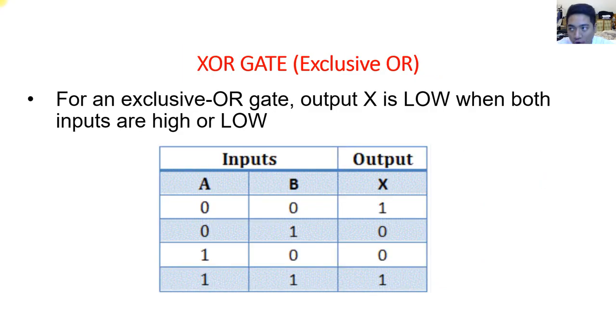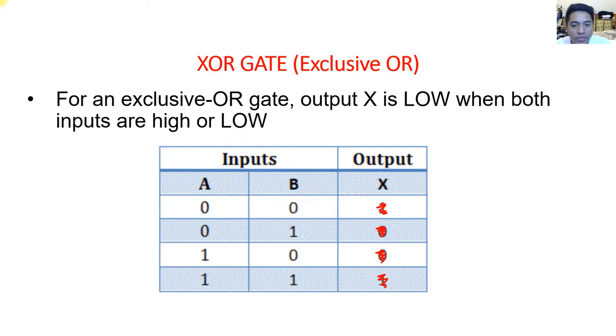How about for XOR? Disregard these inputs and outputs. I'm going to have a truth table, corrected in this slide, for the output only. For the XOR, it's just the negation of the XNOR.